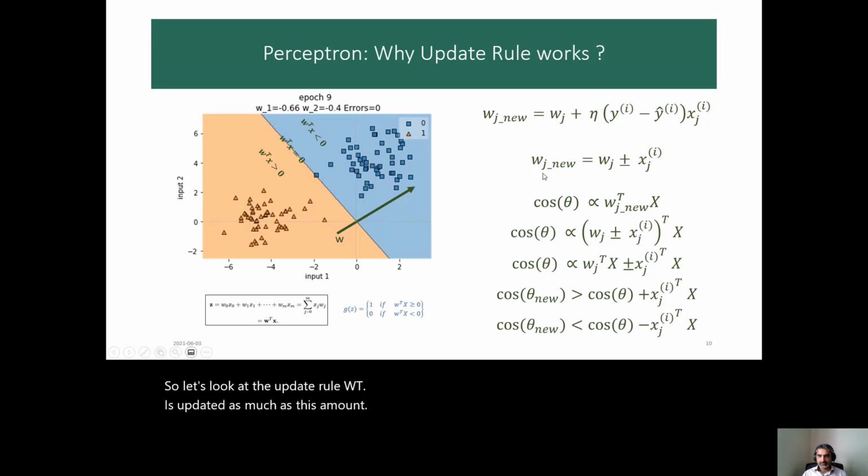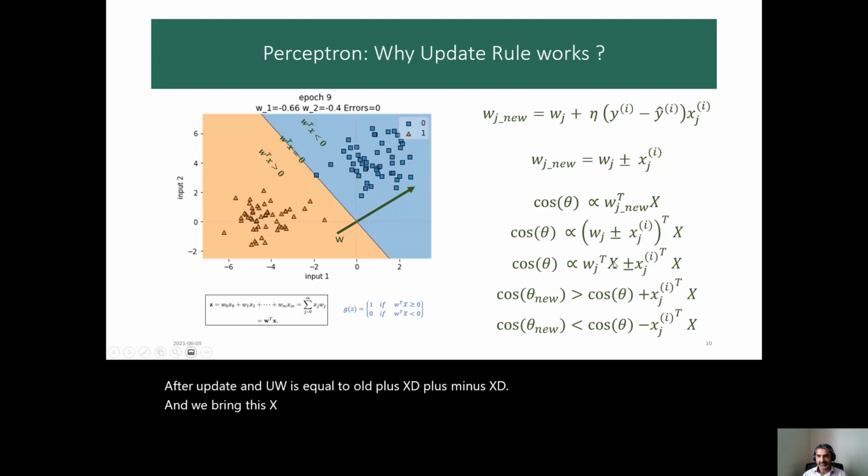If we expand that, let's say this is 1 or minus 1, we put plus minus here, and cosine of theta, since it is directly proportional to W transpose X, new W after update is equal to old W plus minus xj, and we bring this X inside.